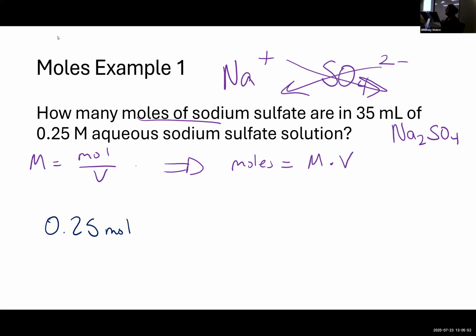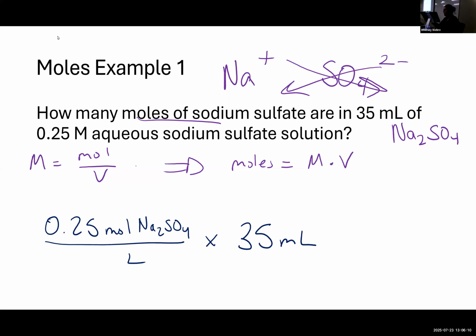I cannot leave it as capital M. If you can in your head, go for it, but I just can't. So you're always going to see me break it up: moles of Na2SO4 per liter times, does this look correct?